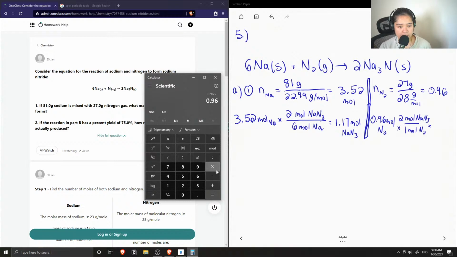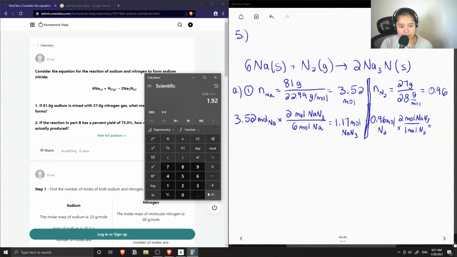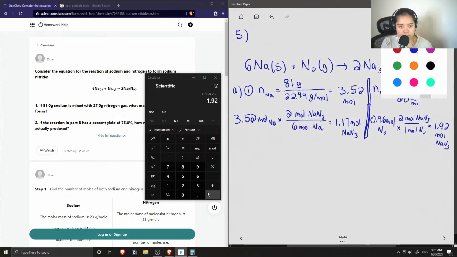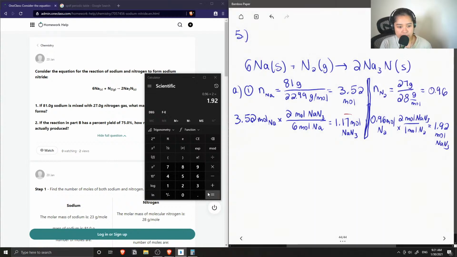So we just need to multiply 0.96 by 2, and we get 1.92 moles. So therefore, we can say that sodium is our limiting reagent.